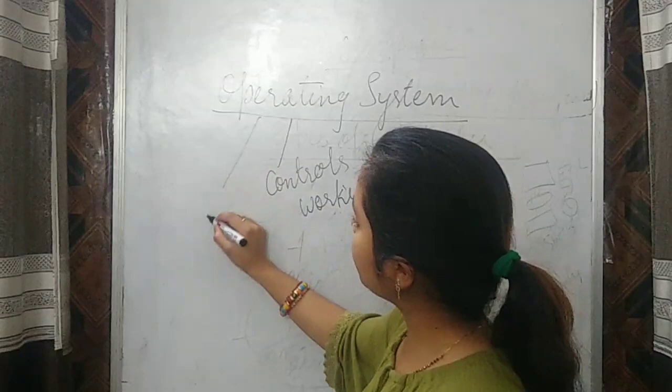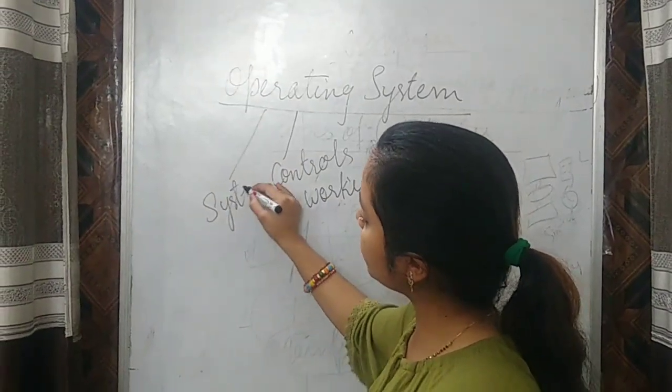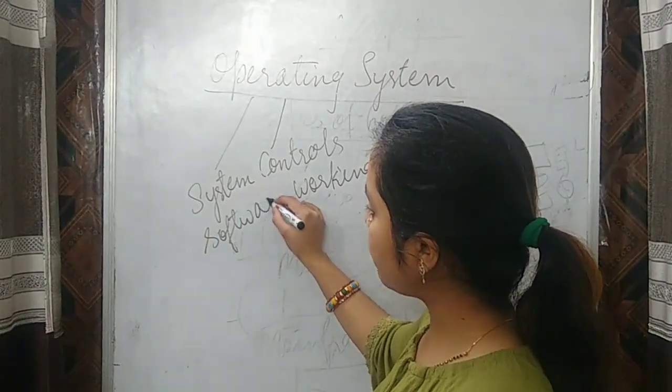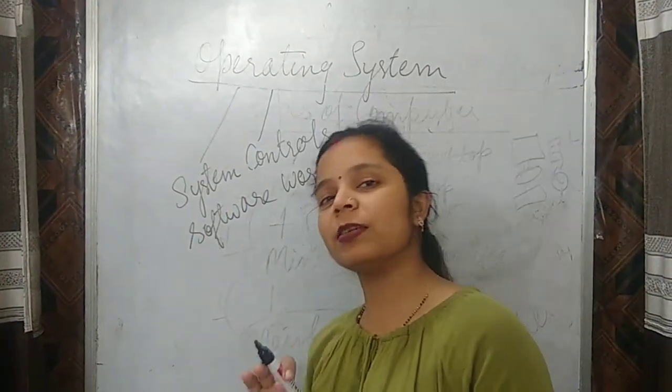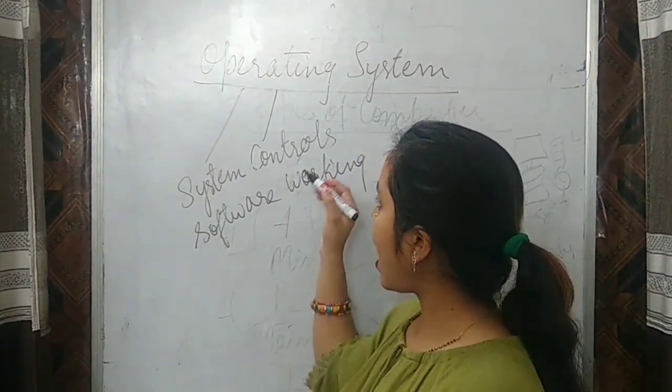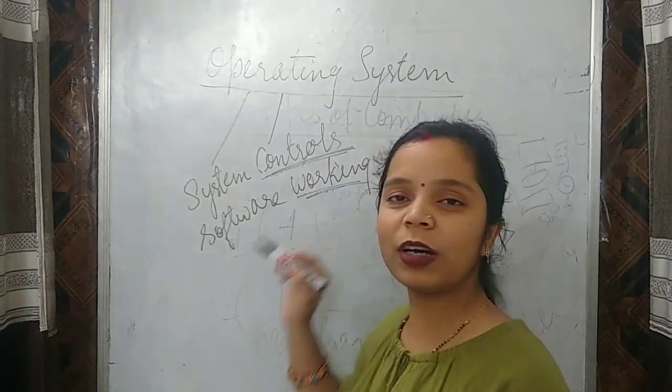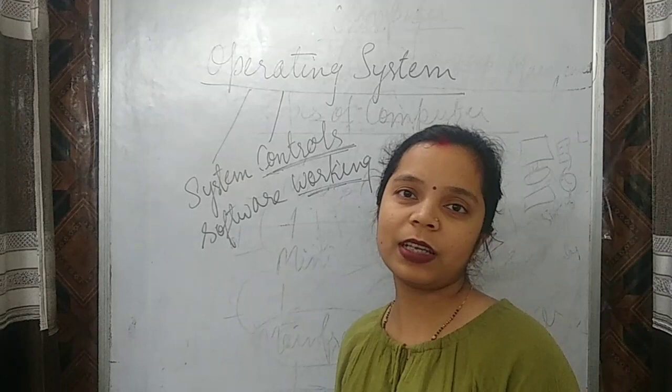And operating system is also a system software. There are two types of software: application software and system software. So operating system is a system software. And what is the main work of operating system? It controls the working of the computer.